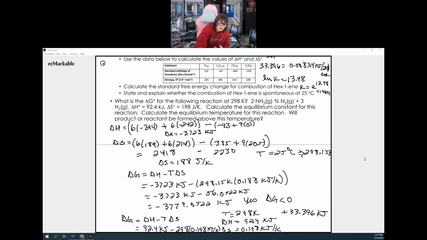Calculate the equilibrium temperature for this reaction. So what I mean by equilibrium temperature is to find where that delta G is equal to 0.